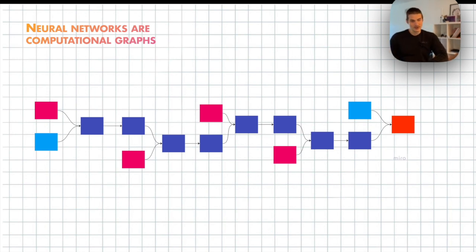There is another way to look at this. Recall that we can consider neural networks as computational graphs. So in here, you can think of this blue square as the input image, then the red squares as parameters.